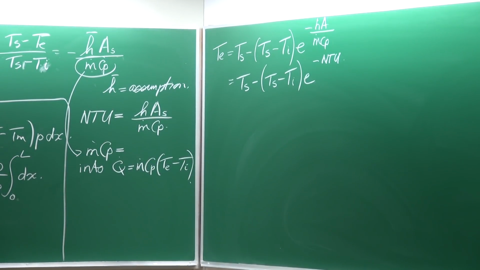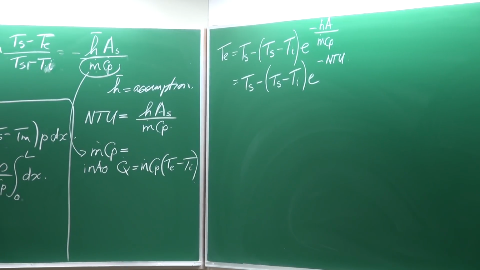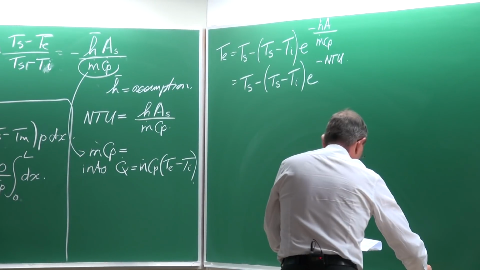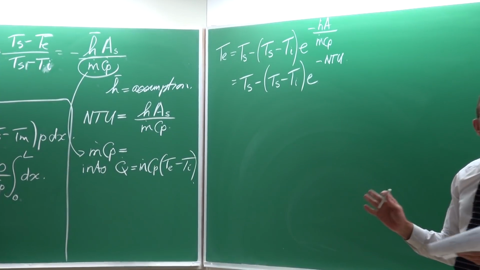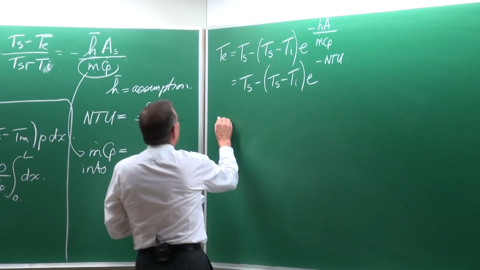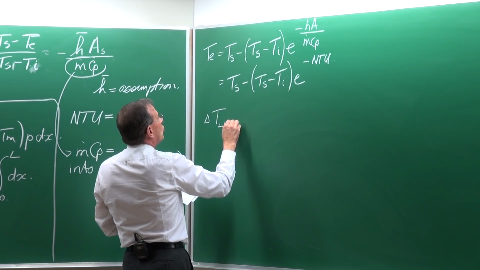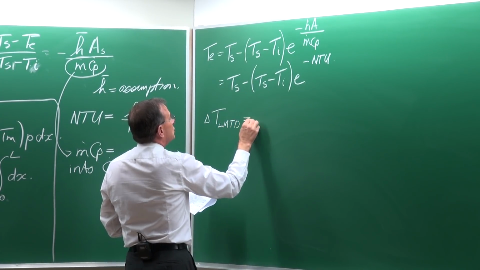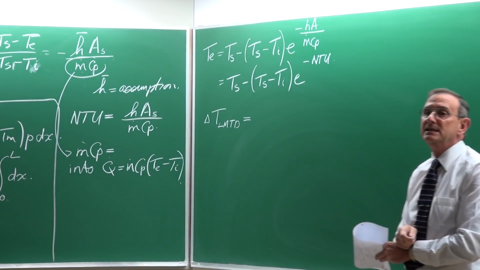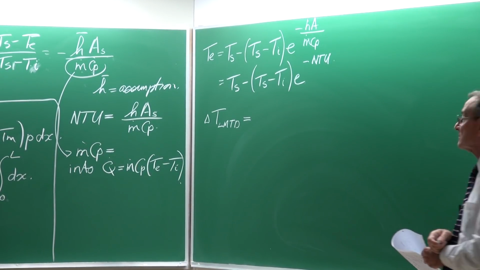I'm not going to do all the mathematics, it's in your textbook, it's very elementary. And the result is that we get a new temperature difference, which we are going to call the log mean temperature difference, the LMTD.